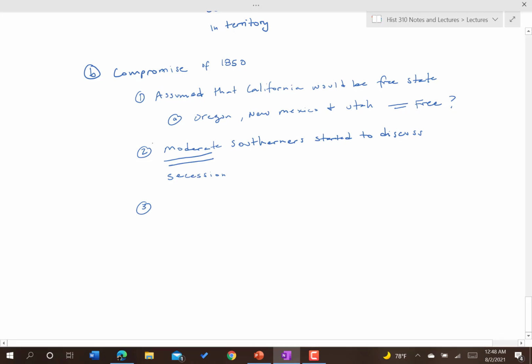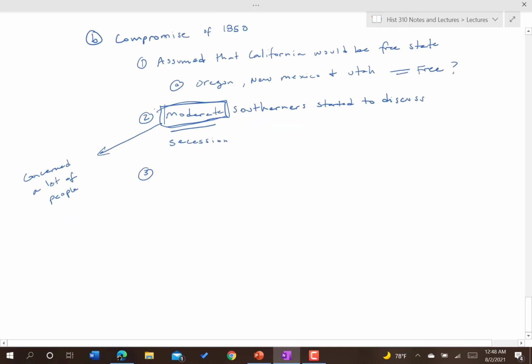And so this part right here, the fact that it was moderate Southerners, concerned a lot of people, because they said, oh, it's not just the crazy radical Southerners anymore. We now have moderate Southerners saying that they might need to secede because of what's going on.